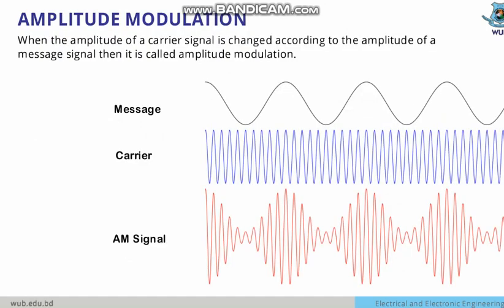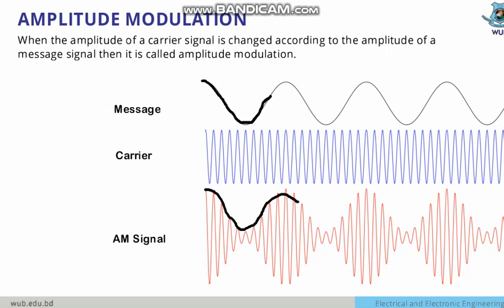Now you can see the amplitude modulation. There is a message signal, and there is a carrier signal with high frequency. When the amplitude of the carrier signal is changed according to the amplitude of the message signal, it is called amplitude modulation. You can see the same thing I described in the definition of modulation, that the boundary is just the curve of the message signal.